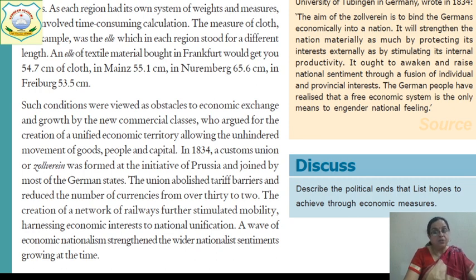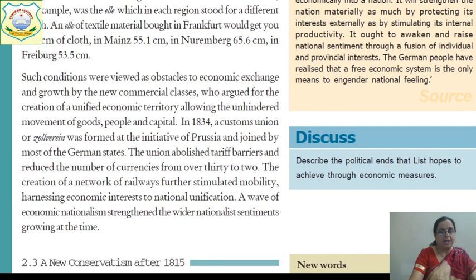The creation of a network of railways further stimulated mobility, harnessing economic interest to national unification. So a wave of economic nationalism strengthened the wider nationalist sentiments growing at that time.